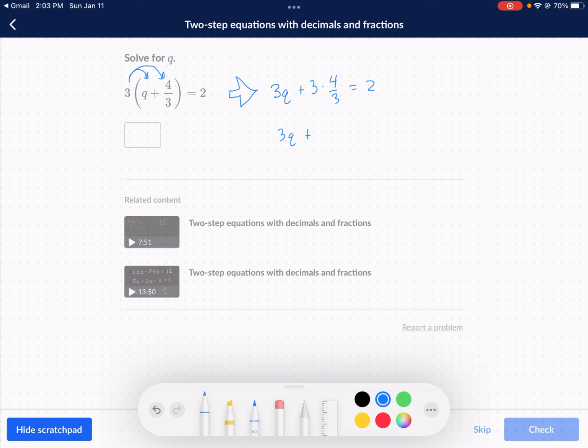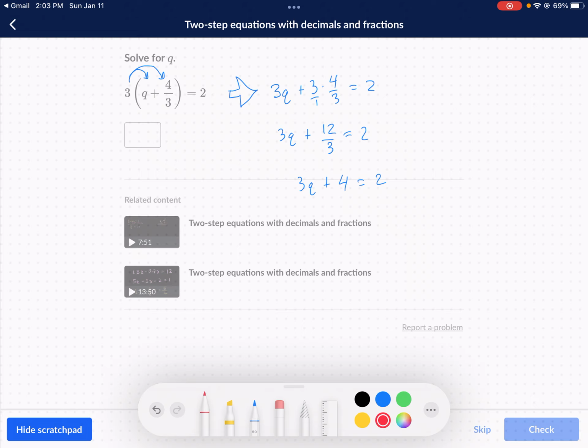So 3q plus 12 over 3, because again, I make this over 1, and I do top times top, bottom times bottom, and then it equals 2. So 12 over 3, let's simplify this further. This is equal to 4. 12 divided by 3 is 4. I could divide the top and bottom to reduce, and then we have this much simpler looking two-step equation. Okay, so from here, I could solve it.